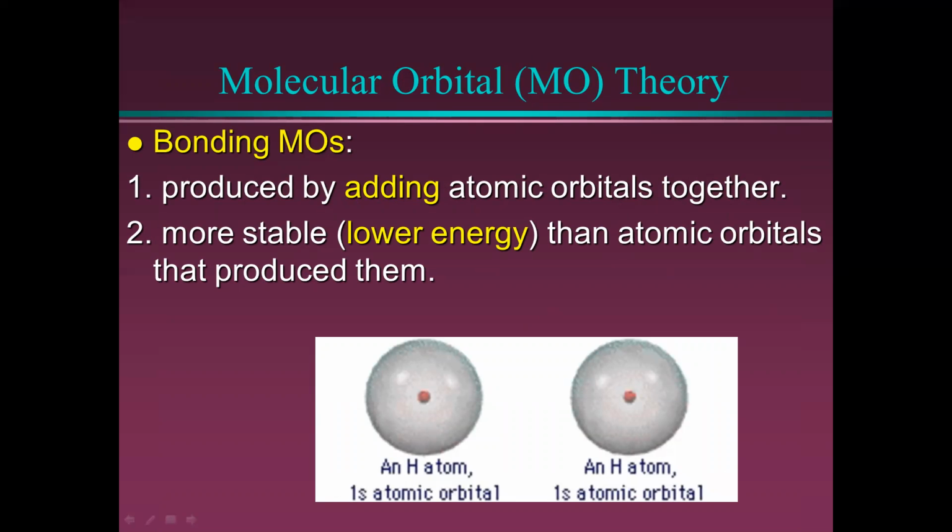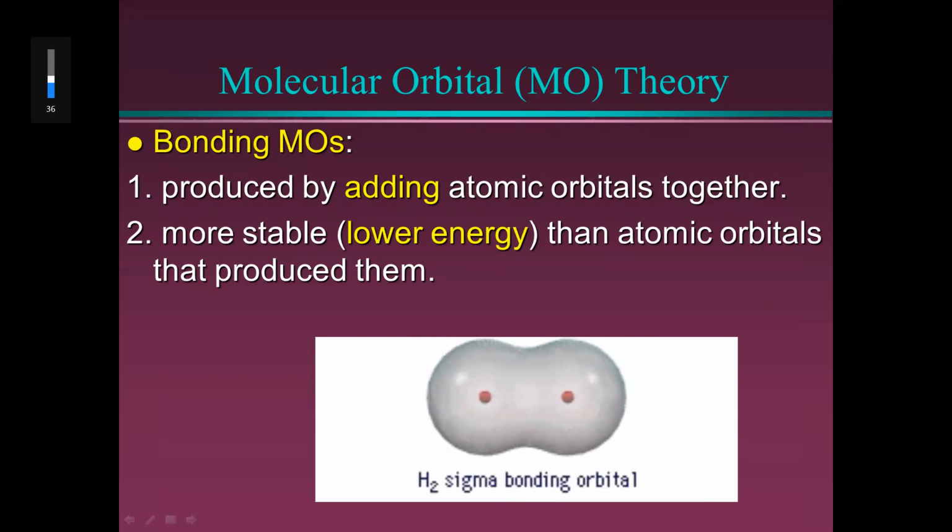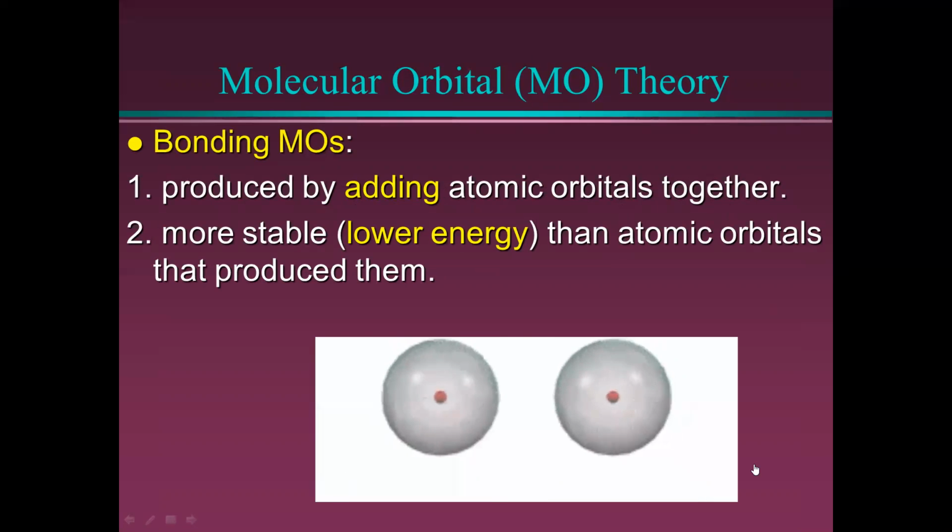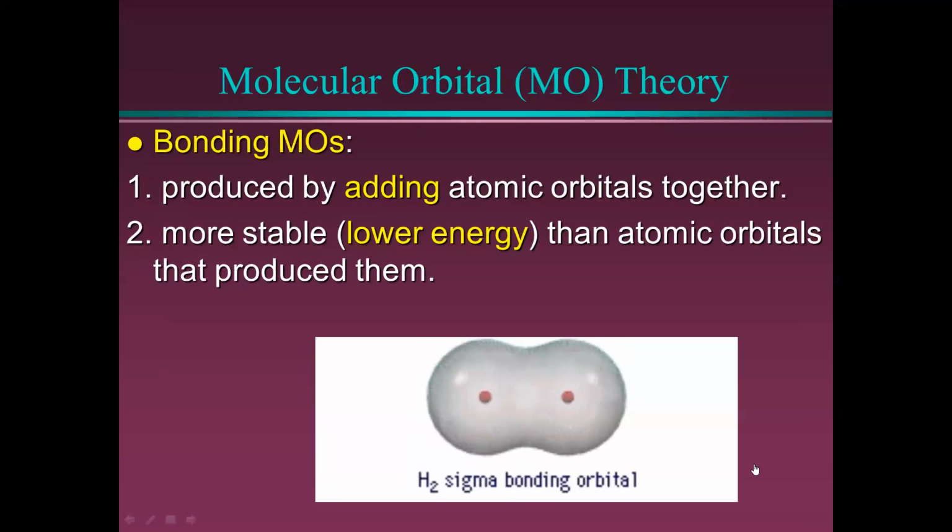The bonding molecular orbital has greater electron density in the bond region. You have more electrons here because it's adding together from atom 1 and atom 2, so you have more electrons.